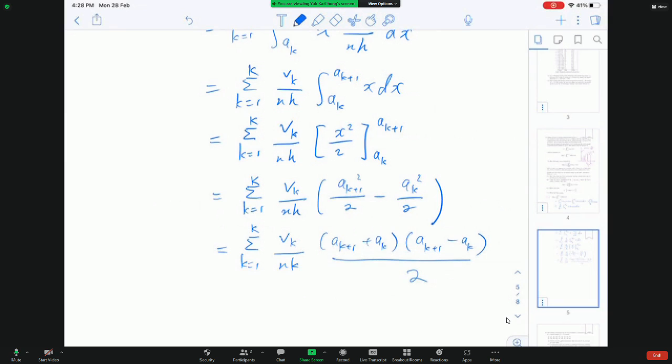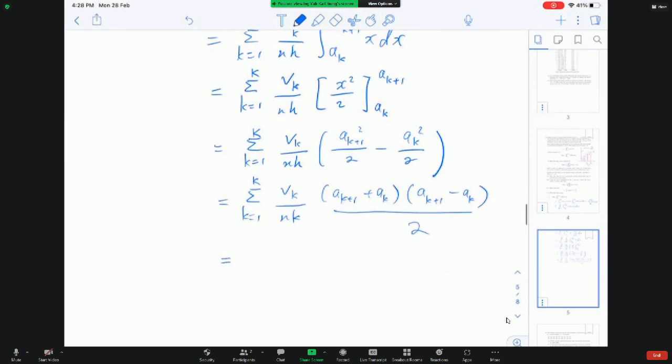This is the formula for the difference between two squares. Okay? a squared minus b squared is equal to a plus b multiplied by a minus b. Sorry, this is h.